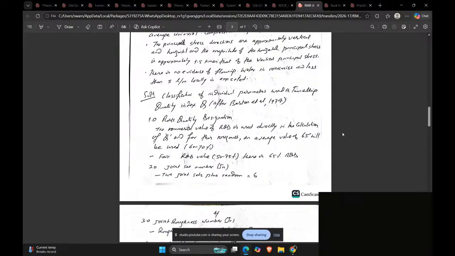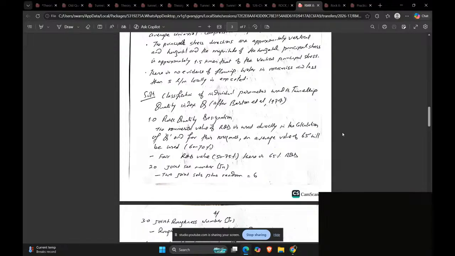Solution: the classification of the individual parameters used in tunneling. RQD, rock quality designation, the volumetric value of the RQD is used directly in the calculations of the Q, and for this rock mass the average value of 65 is used.